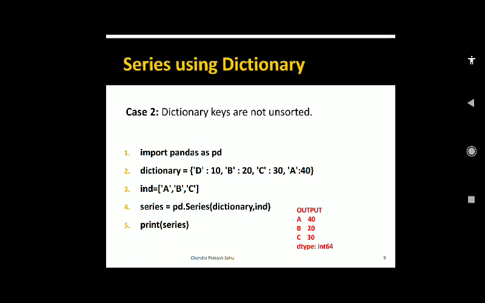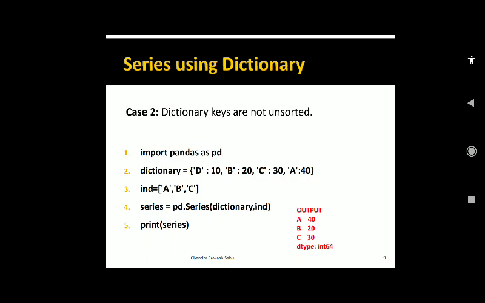Then the second value of this index list is B. Again, in the dictionary it is searched and it matches the second pair of key and value, B colon 20. So B is the index and 20 is its value. C is the third index value and it is matched with the third pair of the dictionary, C colon 30. So C becomes the index while 30 is the value.